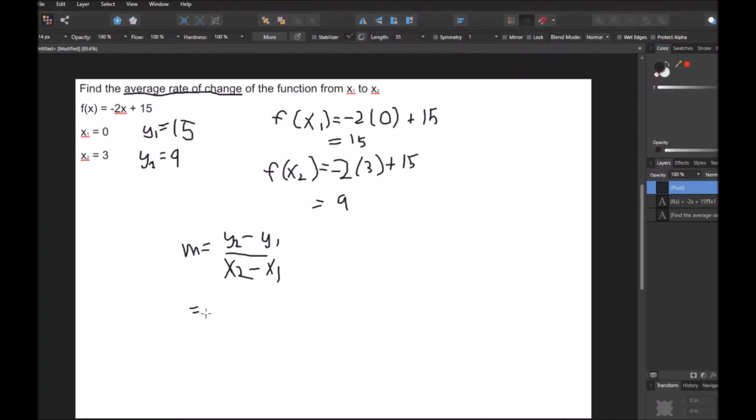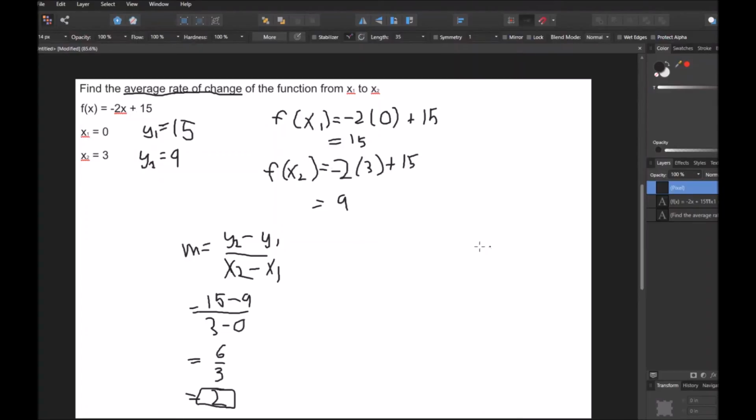So that's going to be 15 minus 9 over 3 minus 0. 15 minus 9 is 6, so we have 6 divided by 3, which is 2, meaning that the average rate of change, or the slope, from x equals 0 to x equals 3 is 2 for the function f of x equals negative 2x plus 15.